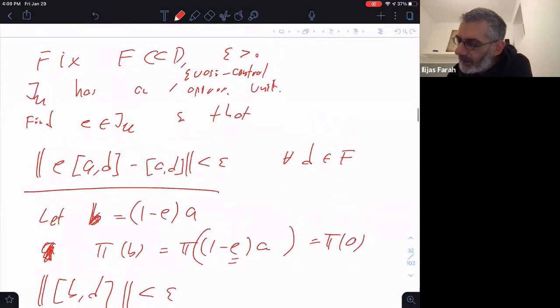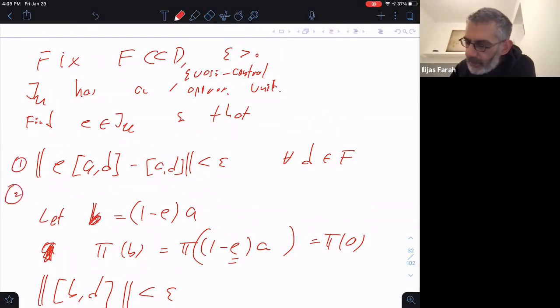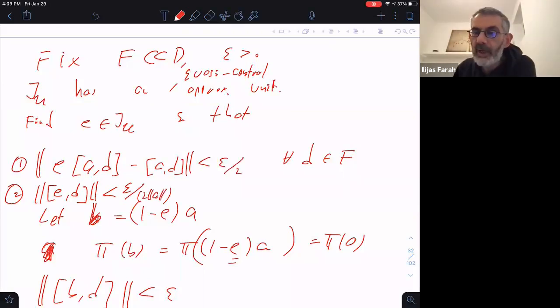So what I need is E, which has two properties. This was property 1, and I'll squeeze property 2 here. I also want the commutator of E with d to be less than, I'm not sure if I need something like, probably epsilon over 2 times the norm of A. And here I put epsilon over 2.